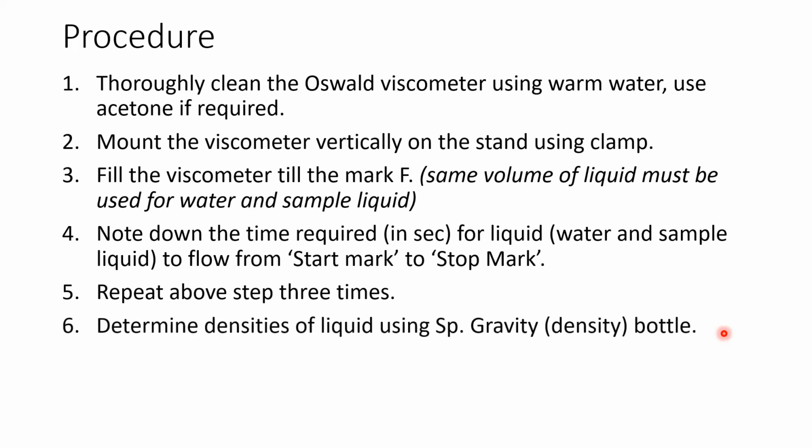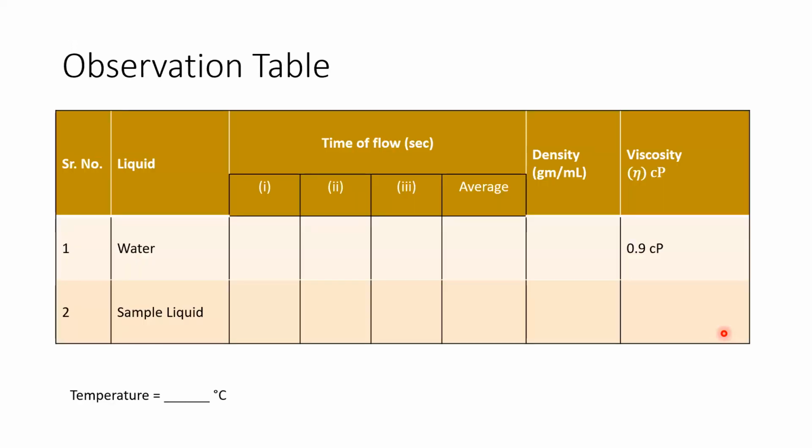Determine the densities of the liquids using a specific gravity bottle. Now this is the observation table. Initially, you have to perform the experiment for water, taking water as a sample. Note down the time required for water to flow. Repeat the procedure 3 times. Write down the time required in seconds.